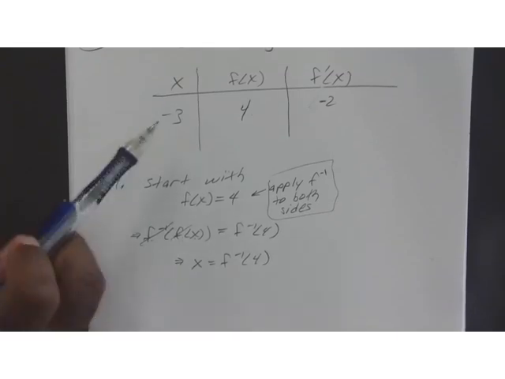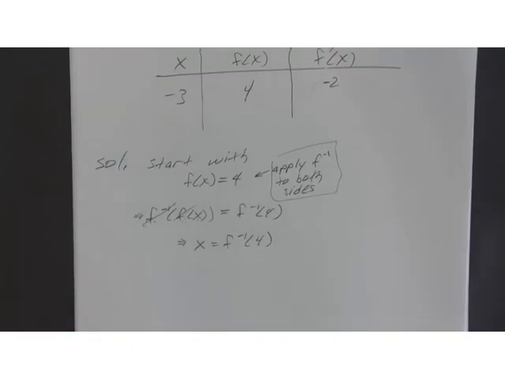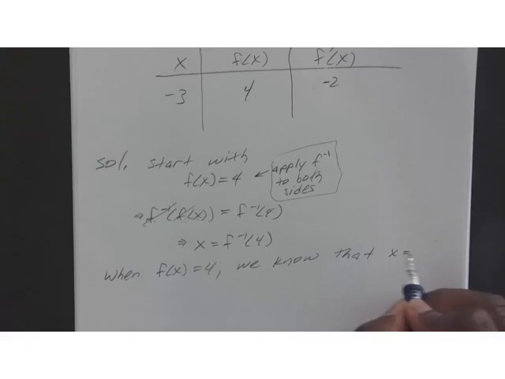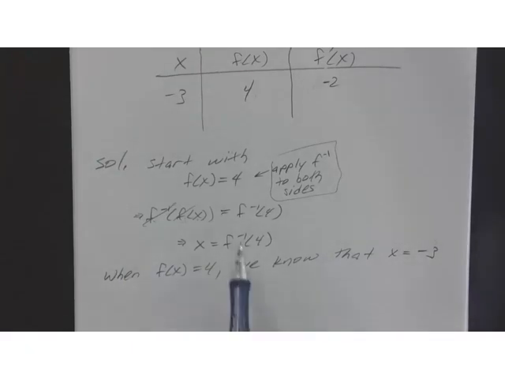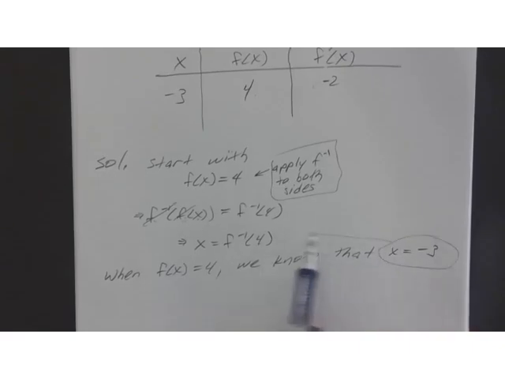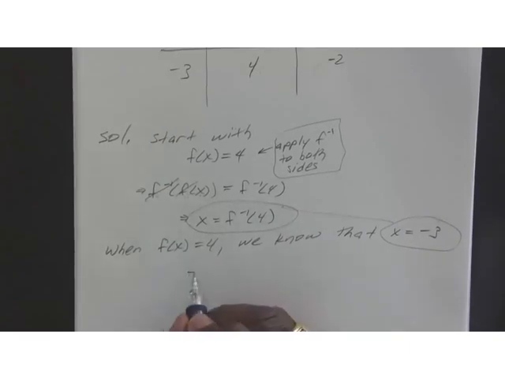So once again, we're going to go up to our table, because we know that when f of x is equal to 4, we know that x is equal to -3. So if x is equal to -3 and x is equal to f inverse of 4, that means that f inverse of 4 is equal to -3.